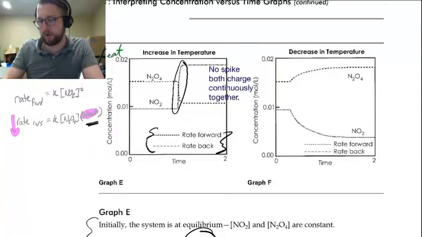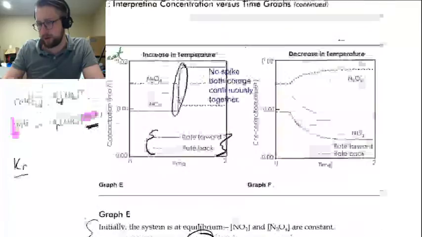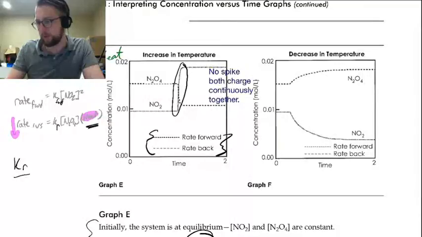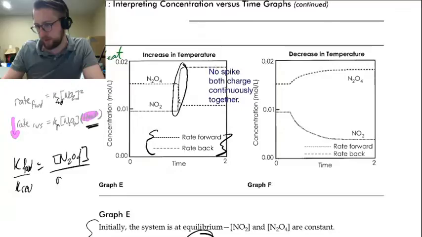Remember that we found K by saying that the K forward, and this one's reverse, K forward over K reverse was equal to the product over the reactant.